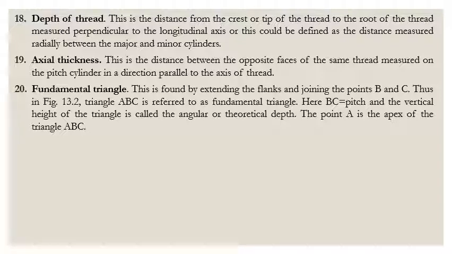In this fundamental triangle, as per the diagram, the line BC indicates the pitch, and the vertical height of this triangle is the angular or theoretical depth. The point A is the apex of the triangle ABC. This point A is obtained by extending the two successive flanks.